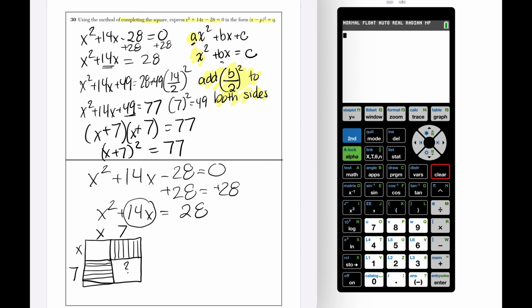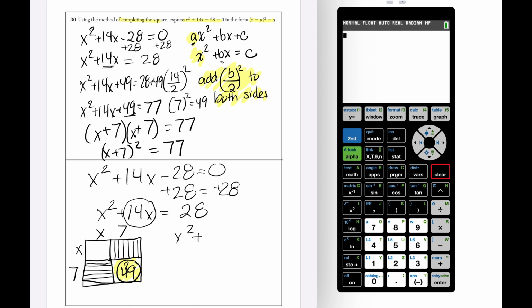So what would I need to add here to complete the square? What would I need to add? And then I started thinking about it. I need 7 groups of 7 or 49. I need to add 49 to this. And once I saw that, I was like, oh, okay.